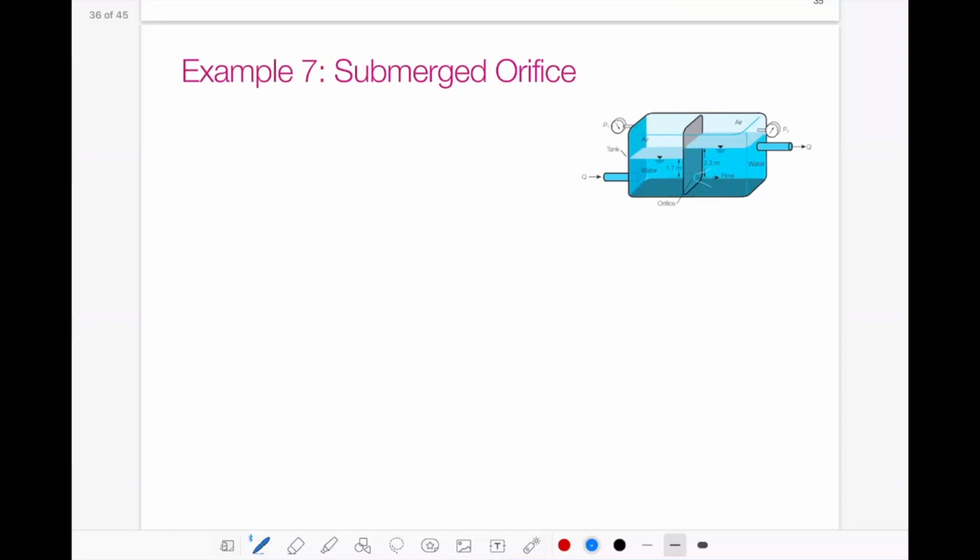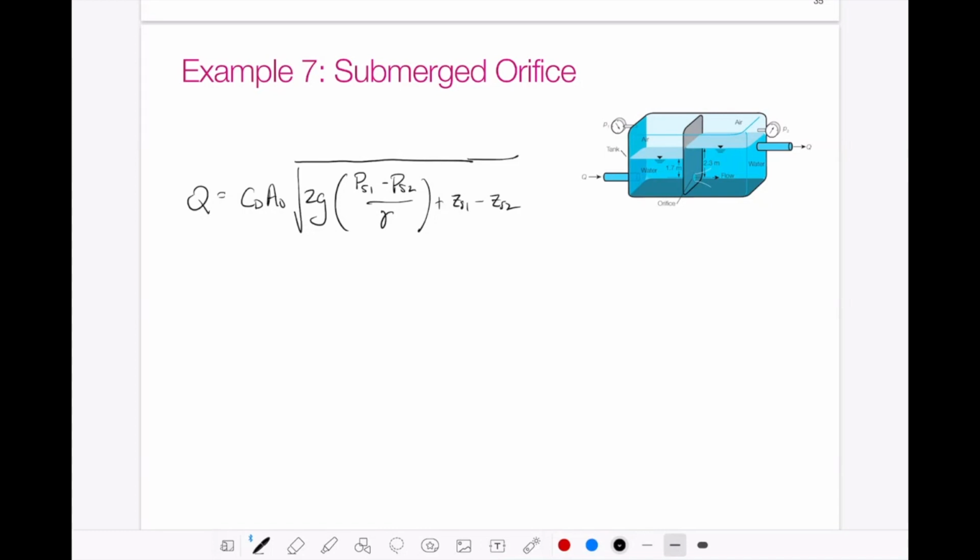So we go back to our example. Let's use our equation for Q. Q is equal to CD times A0 times the square root of 2g times (PS1 minus PS2 divided by gamma, plus ZS1 minus ZS2) for flow from 1 to 2.